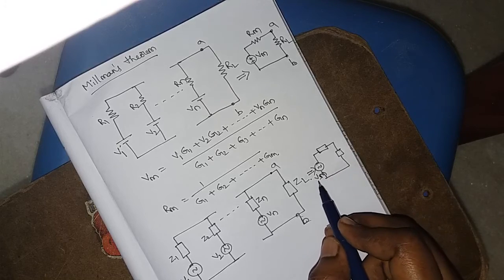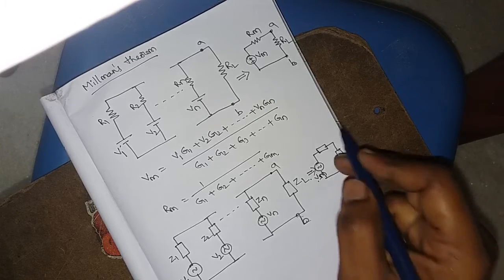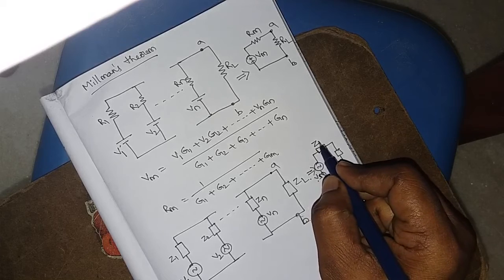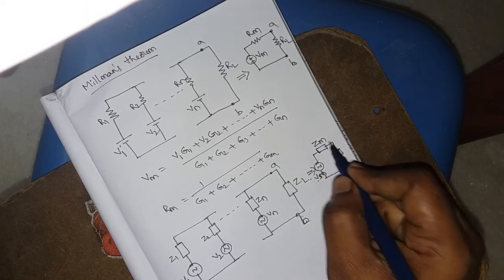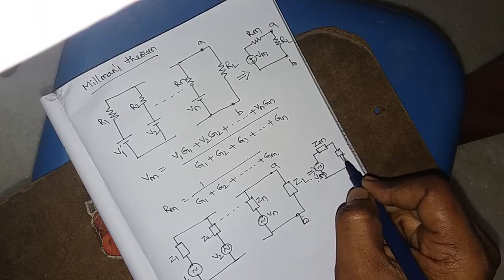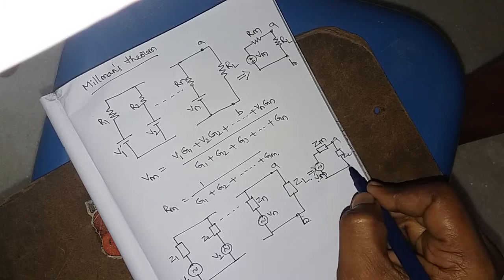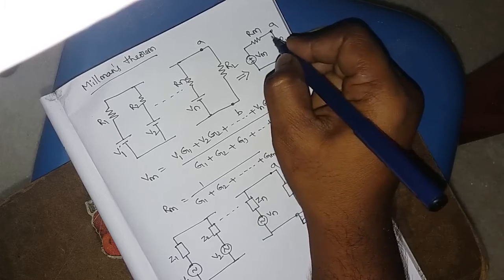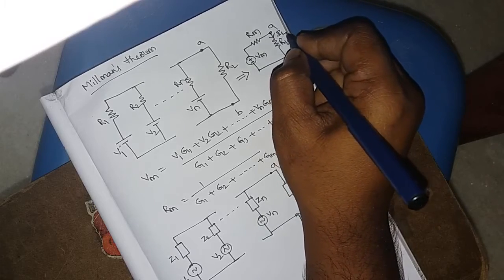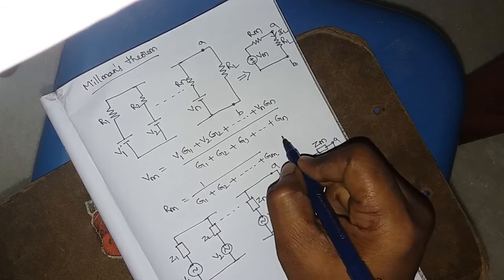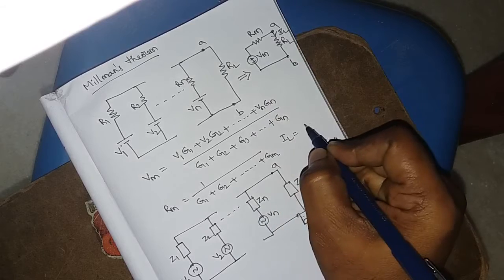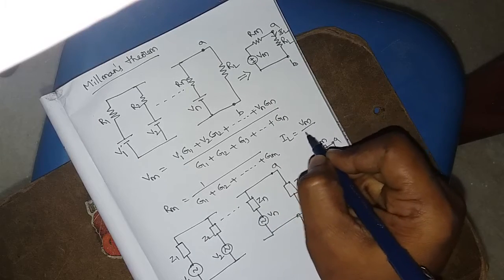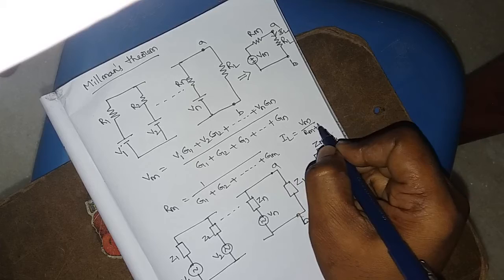The single voltage source is Millman's voltage Vm, the single impedance is Zm, and the load is ZL. This is AB. In the first case, how much current flows through RL? Let it be IL. Here the value of IL is equal to Vm by (Rm plus RL).